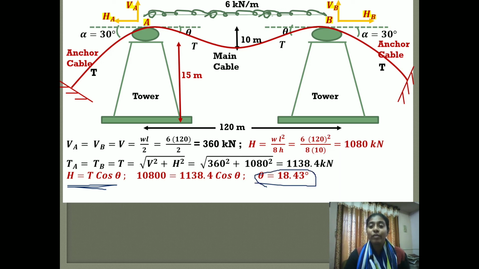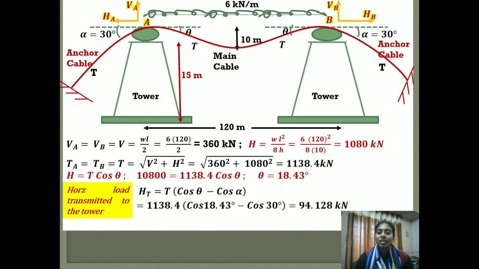Now we will find the forces on the tower. For the horizontal forces, we resolve the horizontal components: T cos theta, and this is T cos alpha. So we get the horizontal component HT equal to T cos theta minus T cos alpha, which is 94.128 kilonewton.